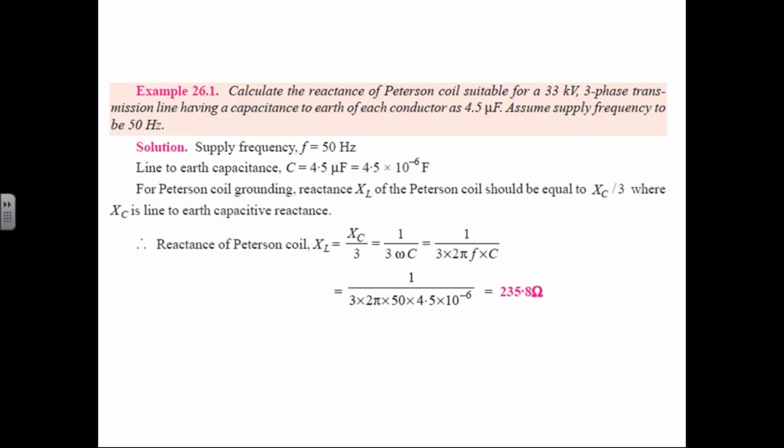Omega is 2 pi f, the angular frequency, with f equal to the system frequency of 50 hertz, and C the per phase capacitance of 4.5 microfarads. Substituting these values, the reactance of the Peterson coil or arc suppression coil is 235.8 ohms.